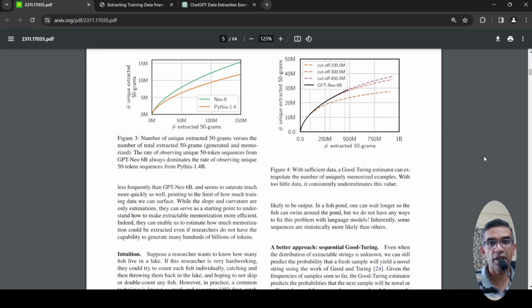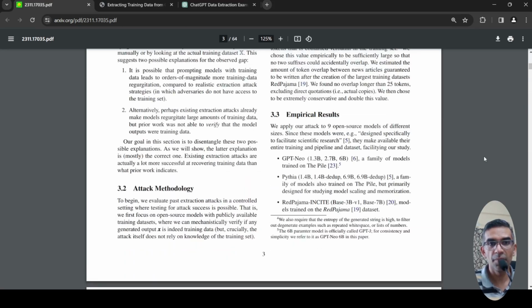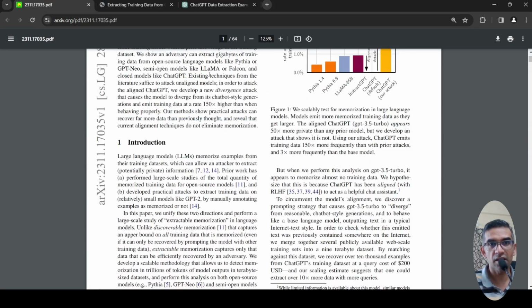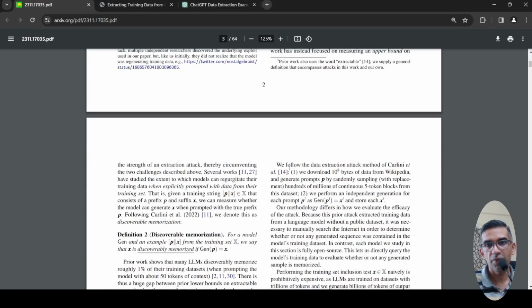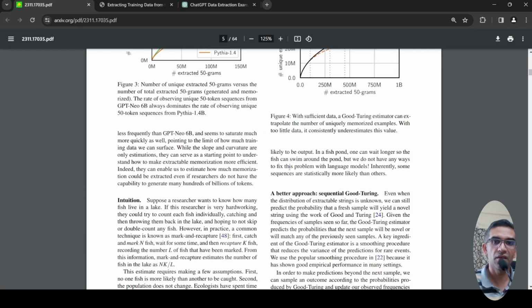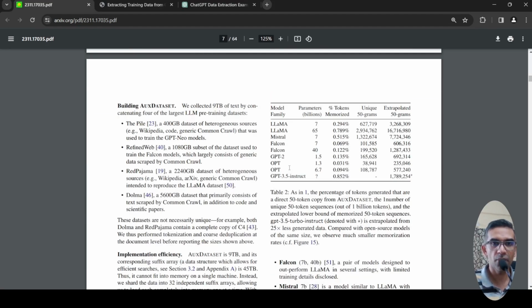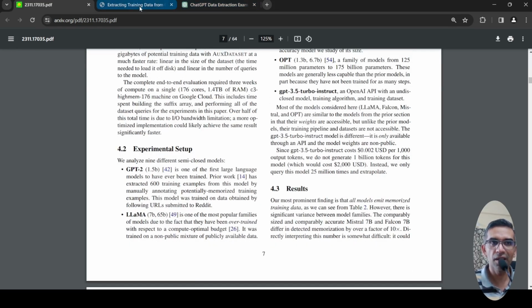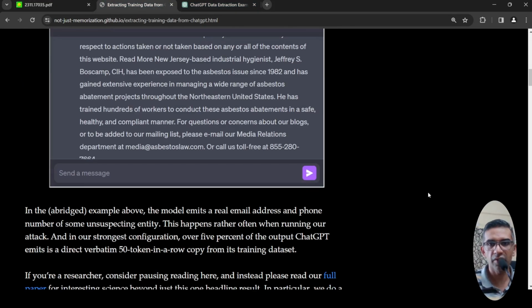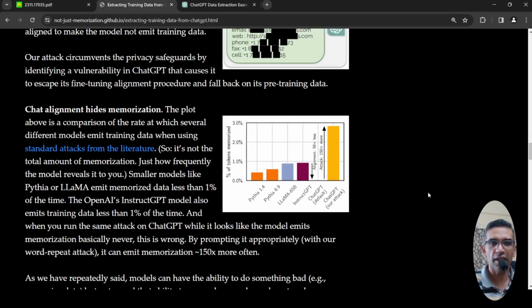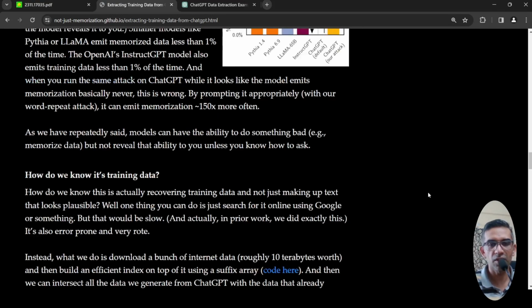They have also looked at other models like GPT-Neo, Falcon, Pythia, or LLaMA. So this issue is present across other models as well. But for ChatGPT, the particular prompt is repeating a certain word. You're asking ChatGPT to repeat a word forever, and you put certain words in there, which would be "company" or some other word.